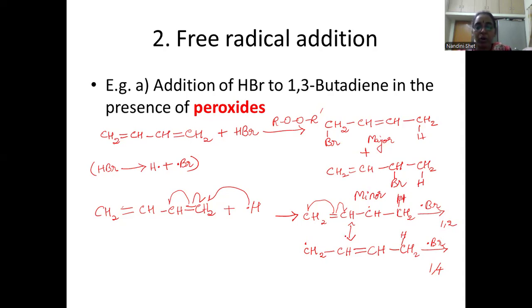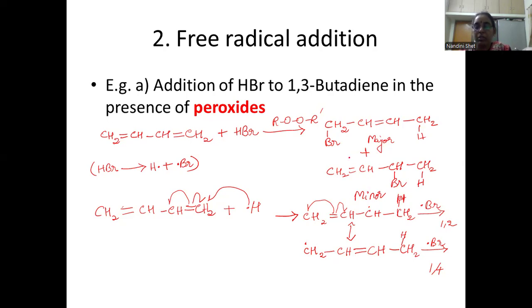But as I told you already, in the presence of peroxides, it is always the 1,4 product which dominates. So 1,4 product means which one? This one, the first one. This is the major product. That is because this free radical, where the double bond is in the center of the molecule, is more stable.